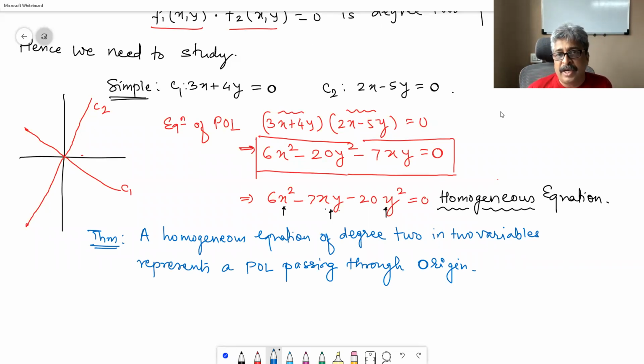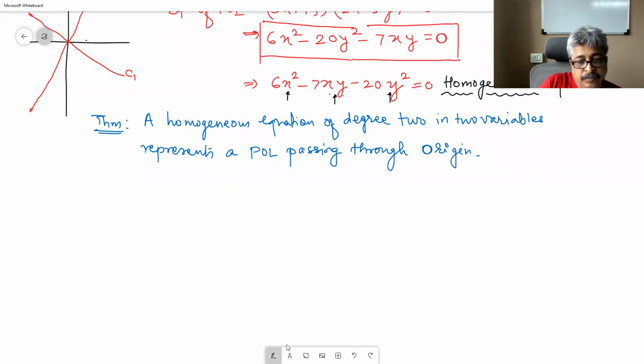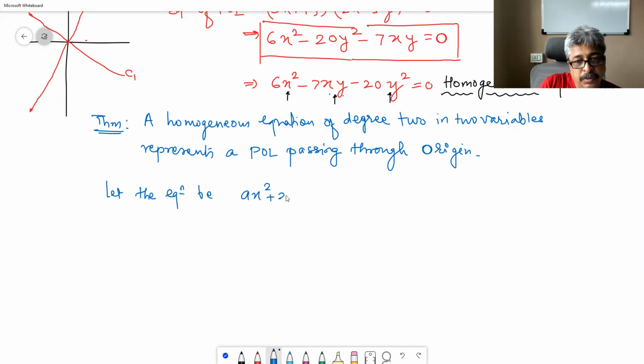See if you can quickly write down the proof. Homogeneous equation of degree 2 in two variables. So let the equation be ax square plus 2hxy plus by square is equal to 0. This is a homogeneous degree 2 equation in two variables.